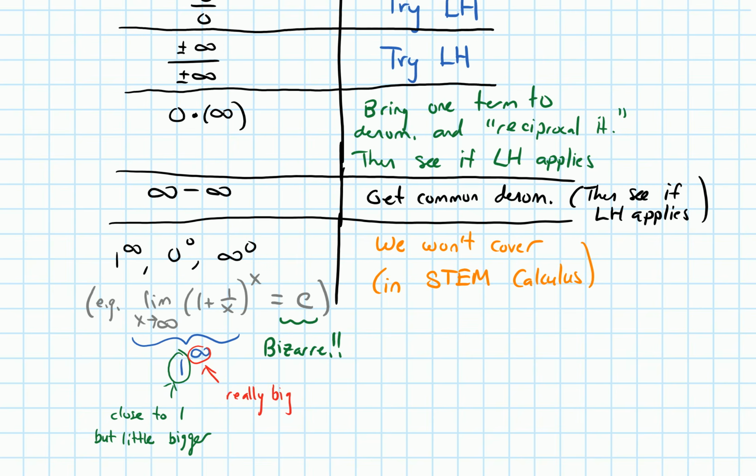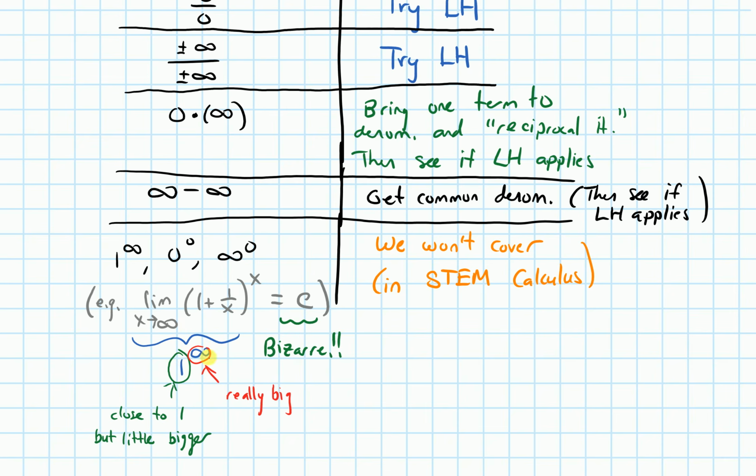So in general, if it was exactly 1, and you were raising 1 to a power, like 1 to the 10, or 1 to a million, that's just 1. So having the 1 at the base makes me think that it should be 1. But having infinity in the exponent, and having the base be something that's bigger than 1, makes me think that the whole thing should be really, really big.